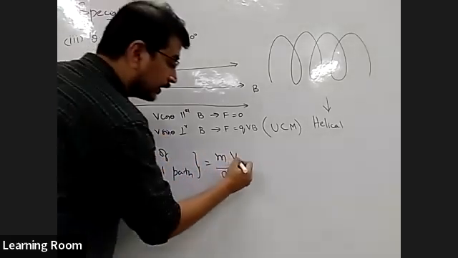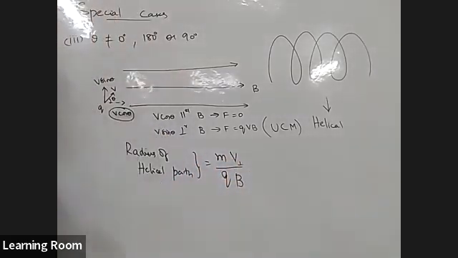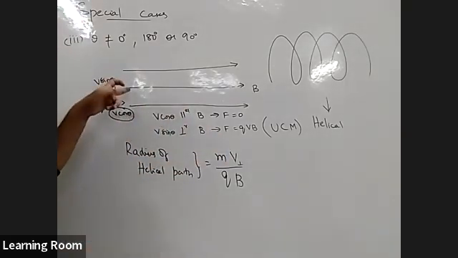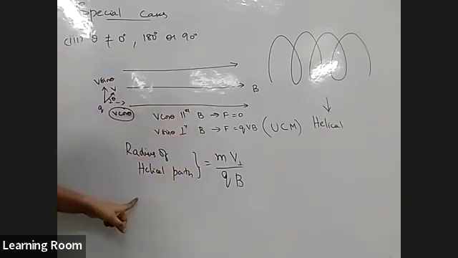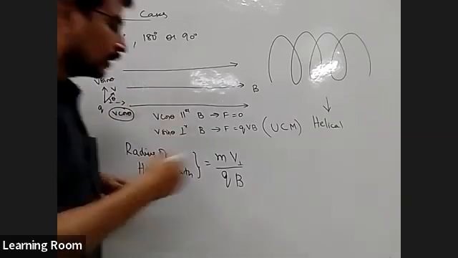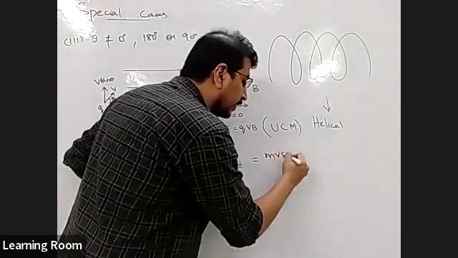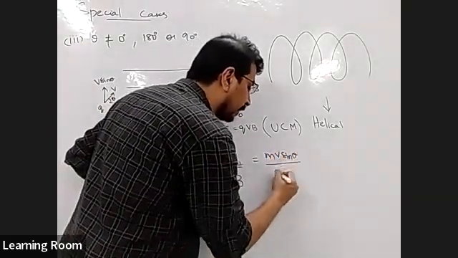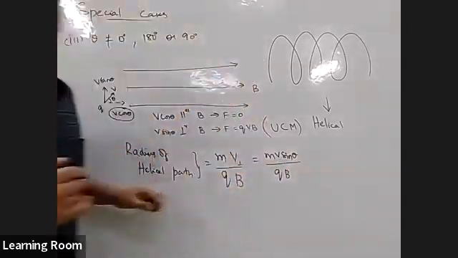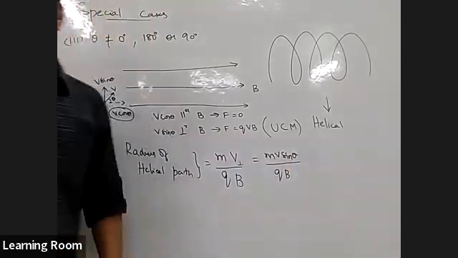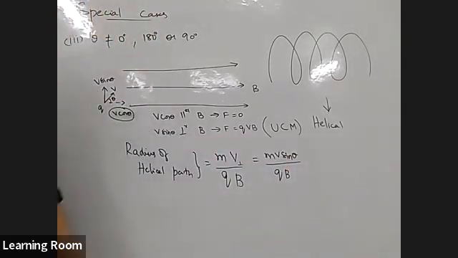I need to write it as m v perpendicular divided by qB, because the perpendicular component of velocity in this scenario is the one which is responsible for the circular path. So what will happen here is m is the same, so it becomes m v sin theta divided by qB. Now observe this is a very important point. If I put theta is equal to 90 degrees here, will it become the scenario of the previous case?